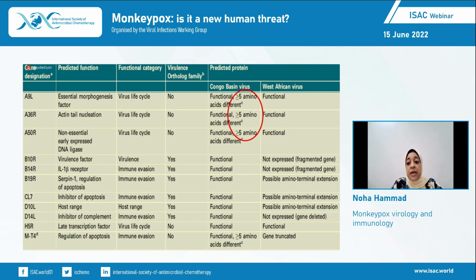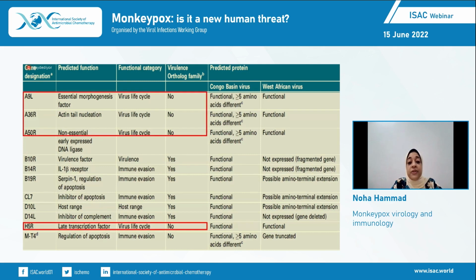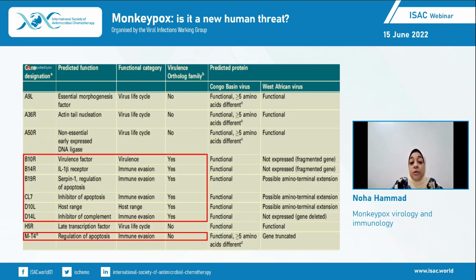Some of these proteins are involved in various aspects of the virus life cycle. Others are involved in immune evasion and determination of host range.